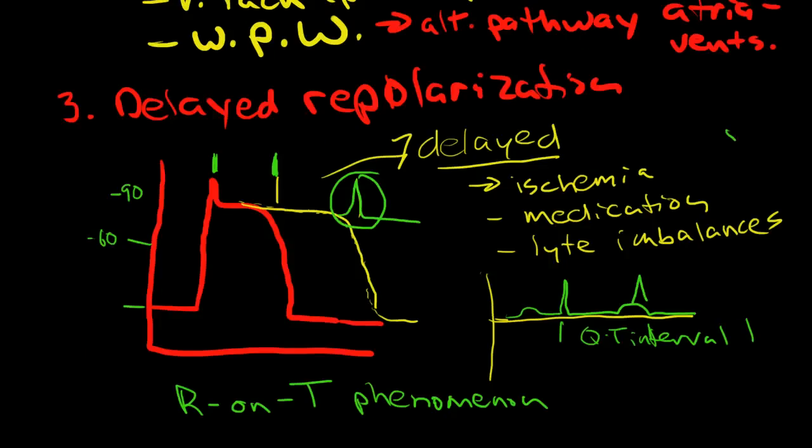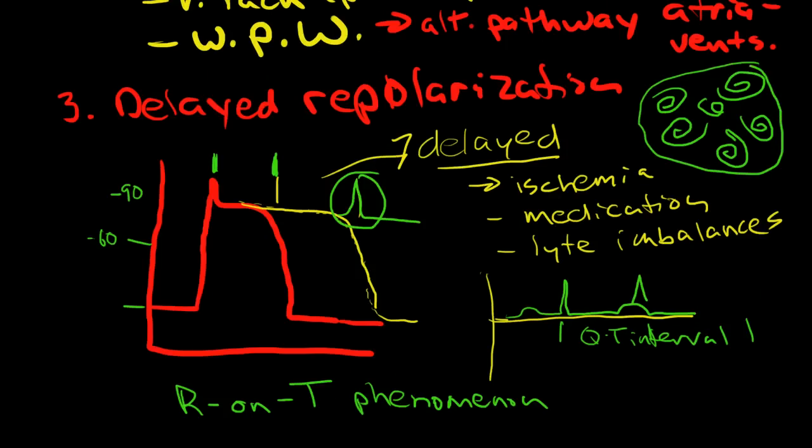So you end up with cells that are all triggering each other, and you end up with all these circuits around the heart where each cell is depolarizing the cells next to it, and they're all depolarizing each other, and you end up with all these little circuits around the heart, and this causes ventricular fibrillation.